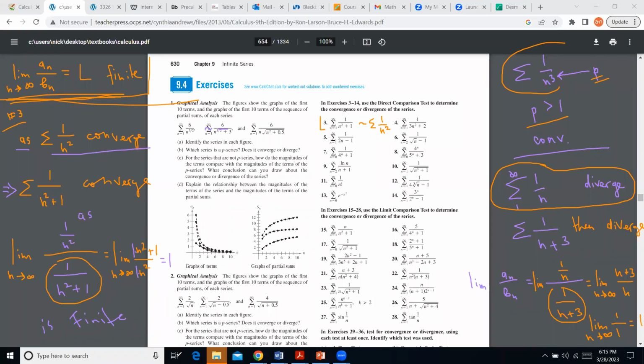So it looks like the key idea is to find the series that we can compare ours with, and it looks like the group of series here is pretty clear. Exercise 5 is dealing with the divergent series analogous to 1 over n, that's the one we just noticed is divergent, and so will be the series with 2n minus 1 in the denominator.